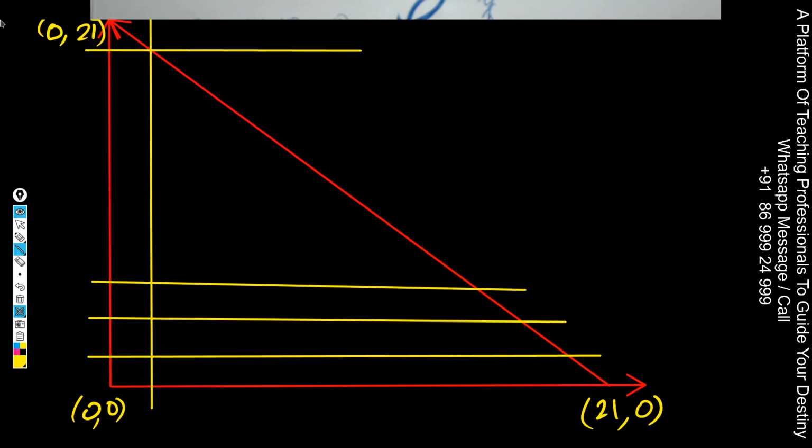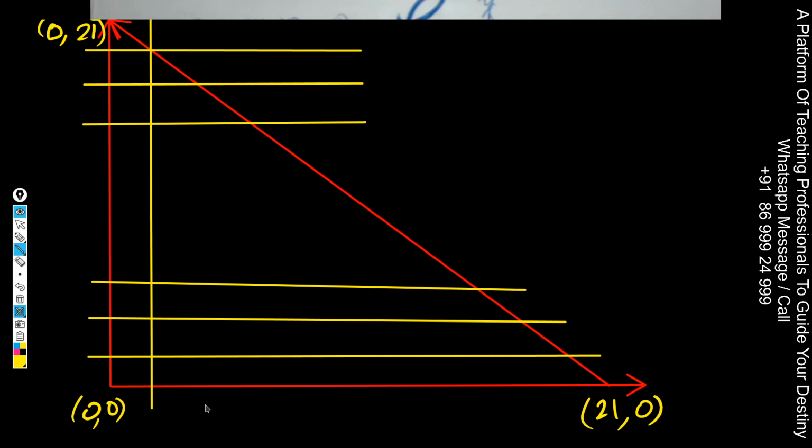I have taken another line, y is equal to 19. I have taken one more line, y is equal to 18. Just for your better understanding, I am doing this.